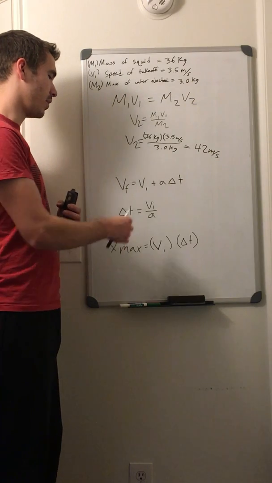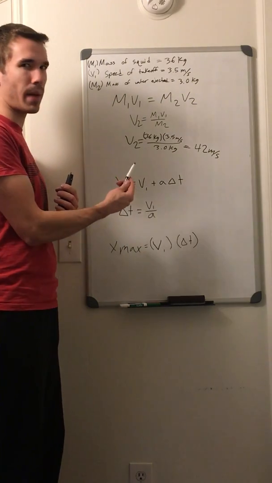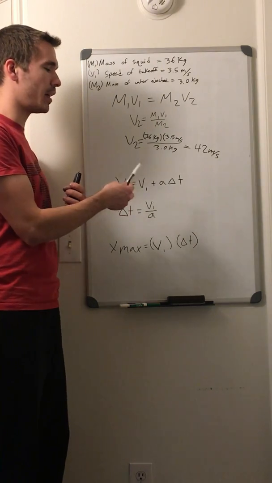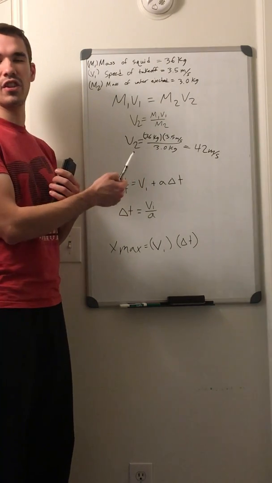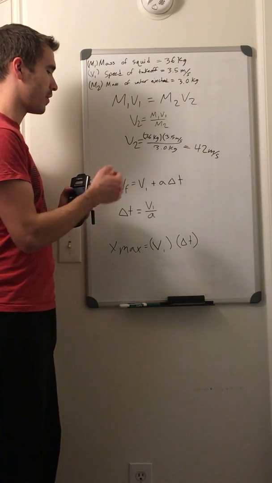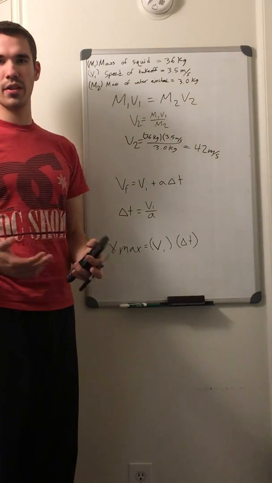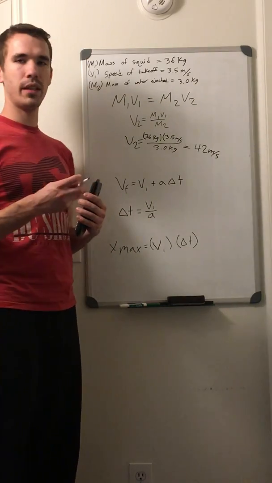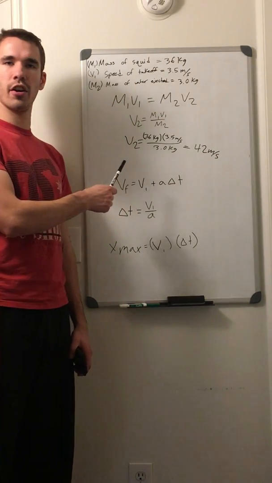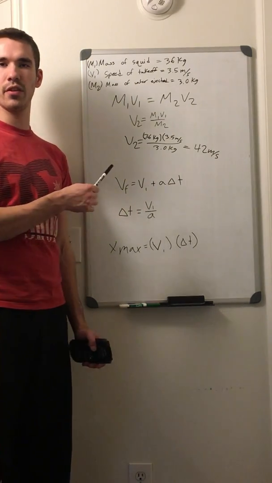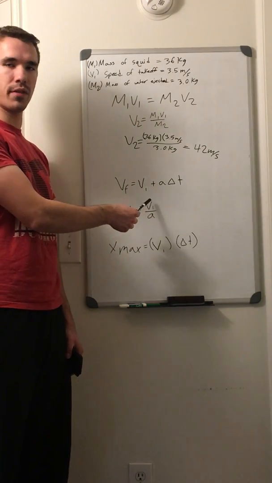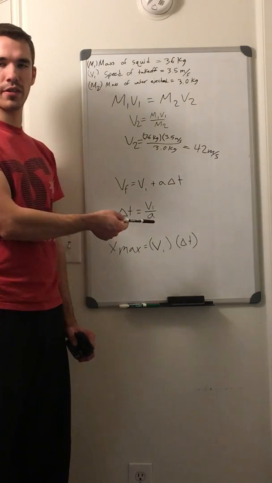To do that, we have to use this kinematic equation here: Vf equals v initial plus acceleration times the change in time, where our acceleration will be the acceleration of gravity. We solve for our change in time, and because our final velocity is going to be 0, we get change in time equals our initial velocity over the acceleration of gravity.